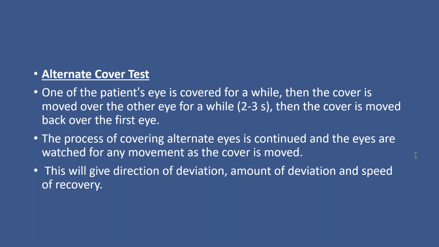For example, if the right lateral rectus is paralyzed, I'll explain this, and then I'll explain the normal eye phenomenon again. If the right lateral rectus is paralyzed, the right eye is not able to abduct. But in case the patient wants to perform dextroversion, the left eye will adduct.